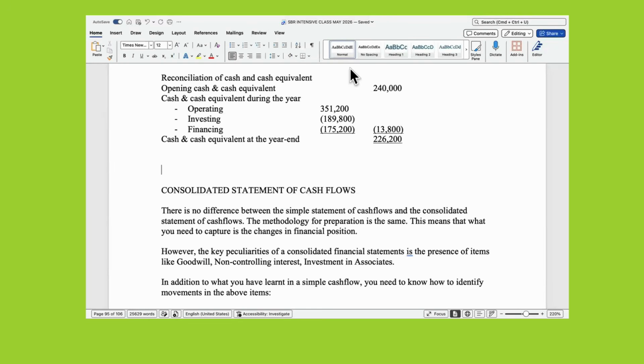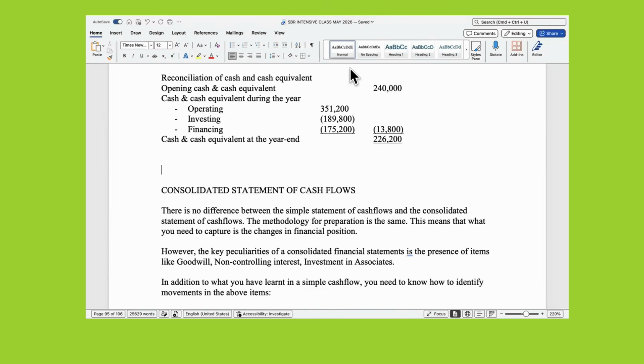So when I teach statement of cash flows, all I pay attention to is movement in position. As soon as I capture the movement in position, then I'm done.